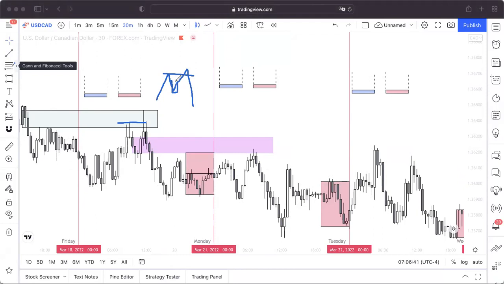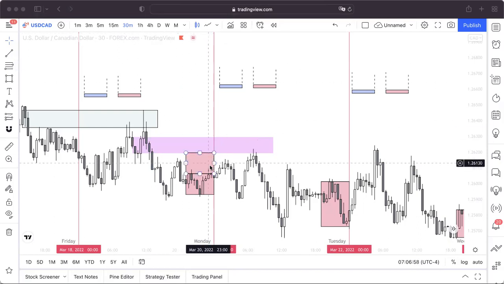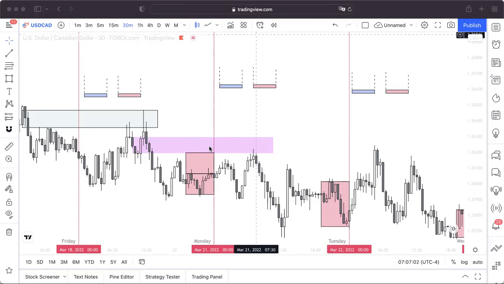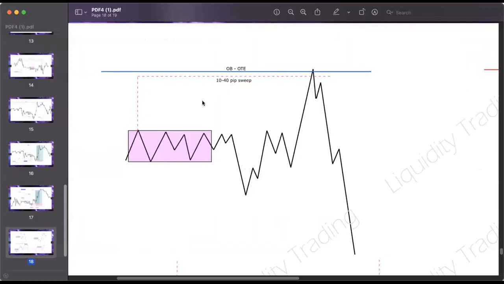The market breaks it, and that technically becomes the breaker. So it breaks it and comes back there, which is aligning with the one standard deviation. So this is how you have to understand this one that was previously shared in the PDF.